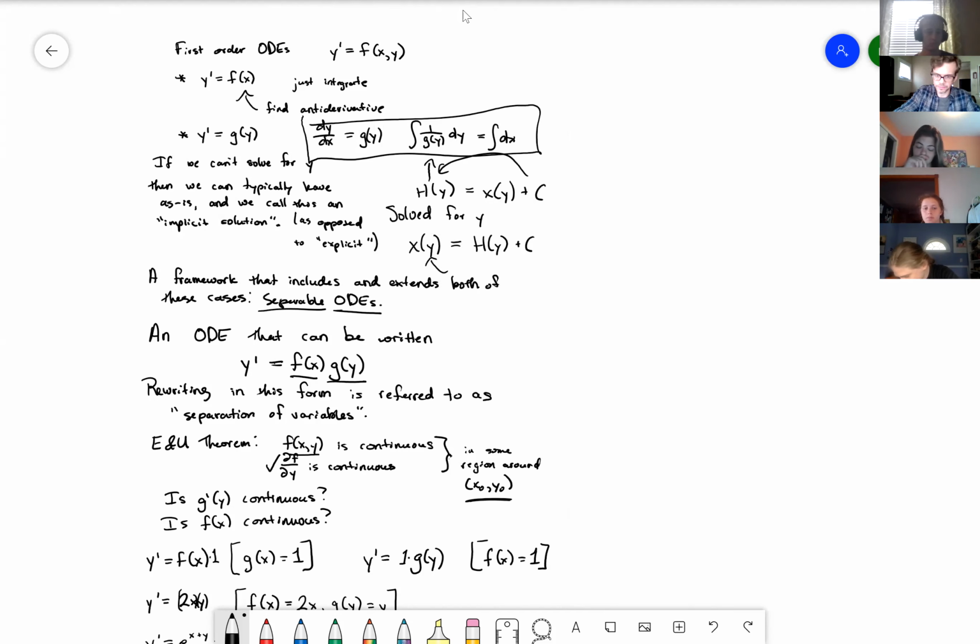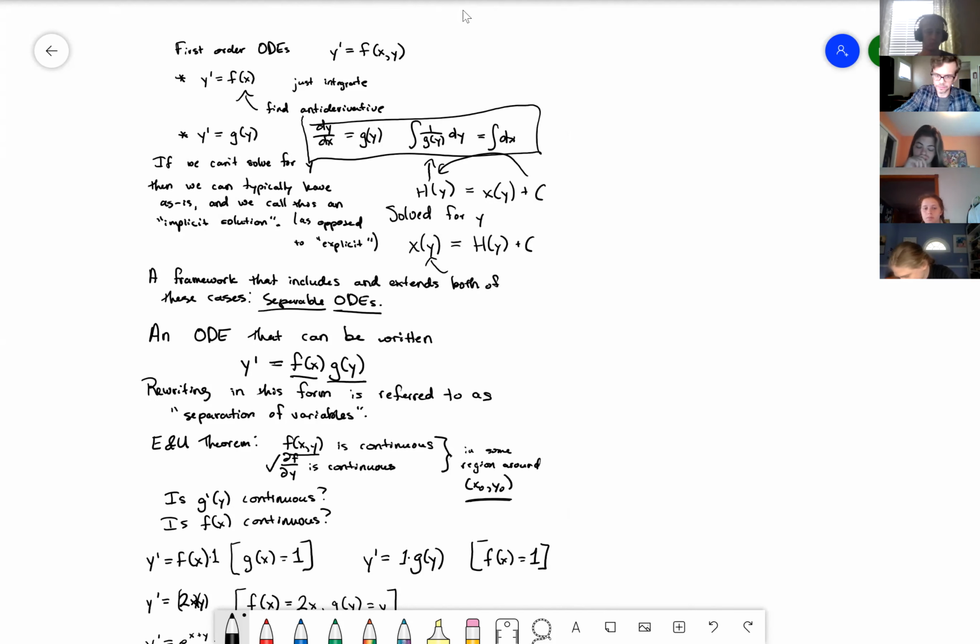So we have y prime is equal to f of x, g of y. And we'll rewrite y prime in Leibniz notation, named after one of the inventors.